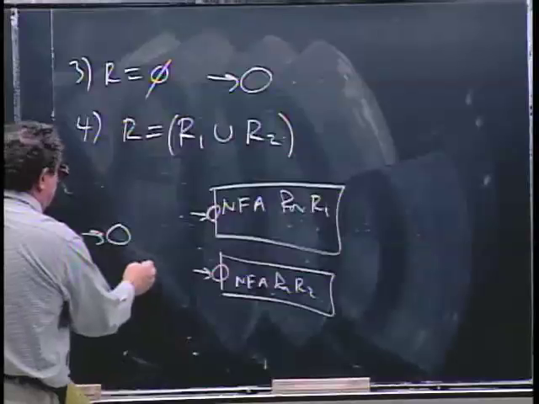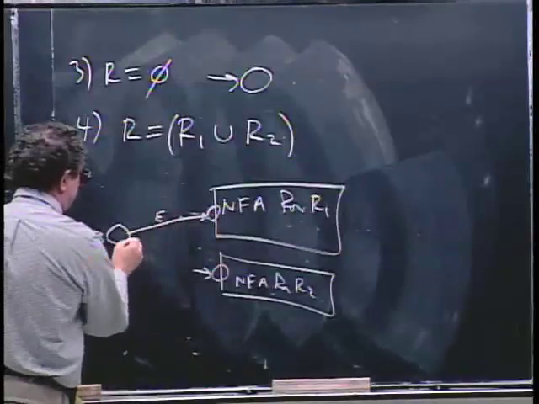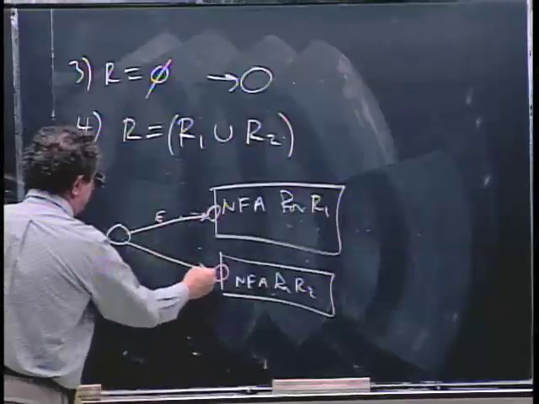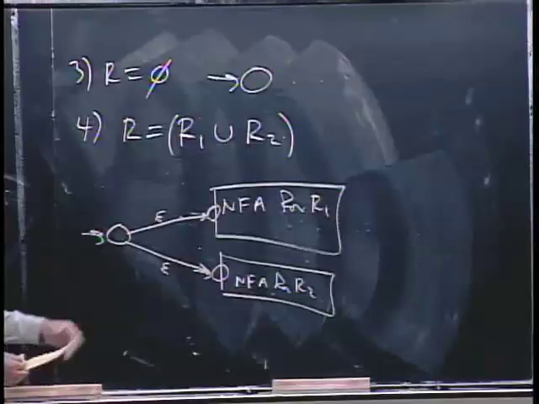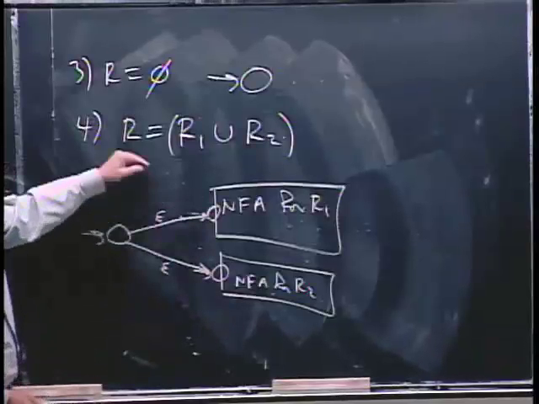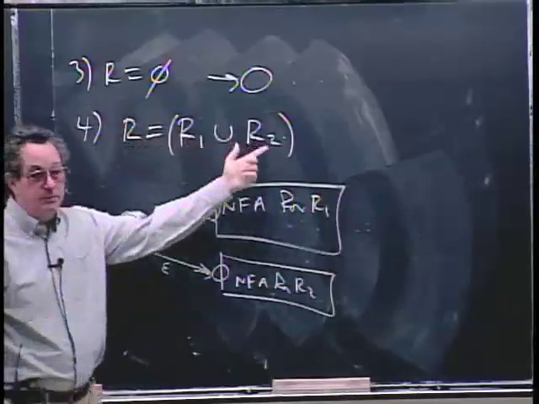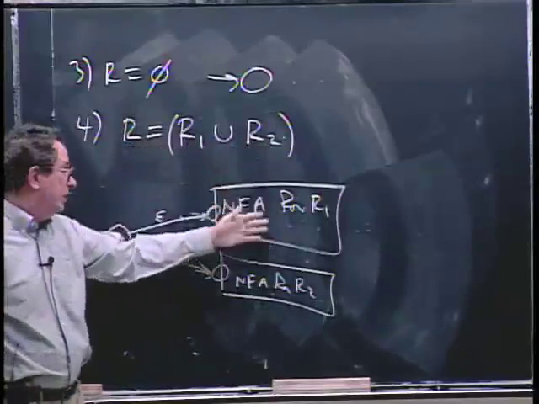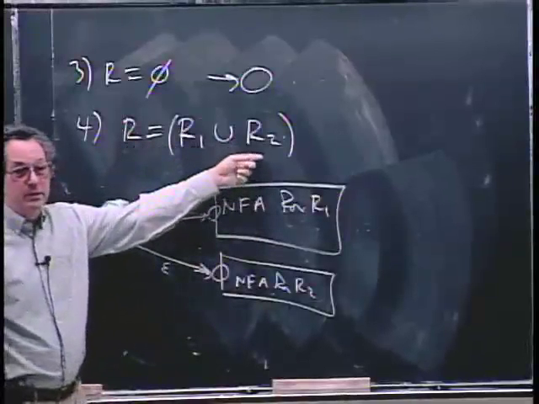You have a new start state, and then it goes with an epsilon transition over to that start state, and an epsilon transition over to that start state. And this now is an NFA for the language that's described by this regular expression. Okay, so we have an NFA that recognizes the same language that's being described by this regular expression.